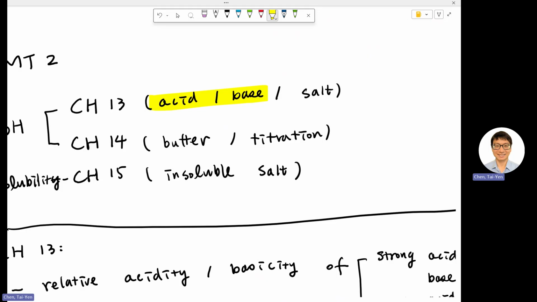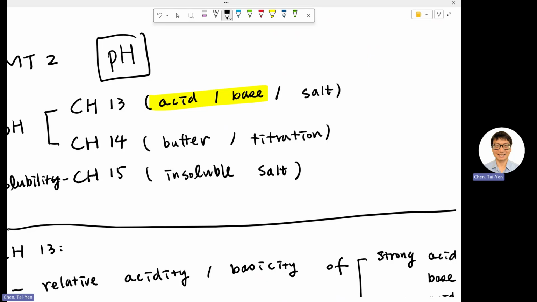If I give you a solution that contains a specific acid, base, and salt, can you calculate pH? pH calculation is so important throughout midterm 2, and that's something we need to master. If we see a question, we should immediately know how to calculate pH. We're going to spend roughly 1.5 weeks on chapter 13.